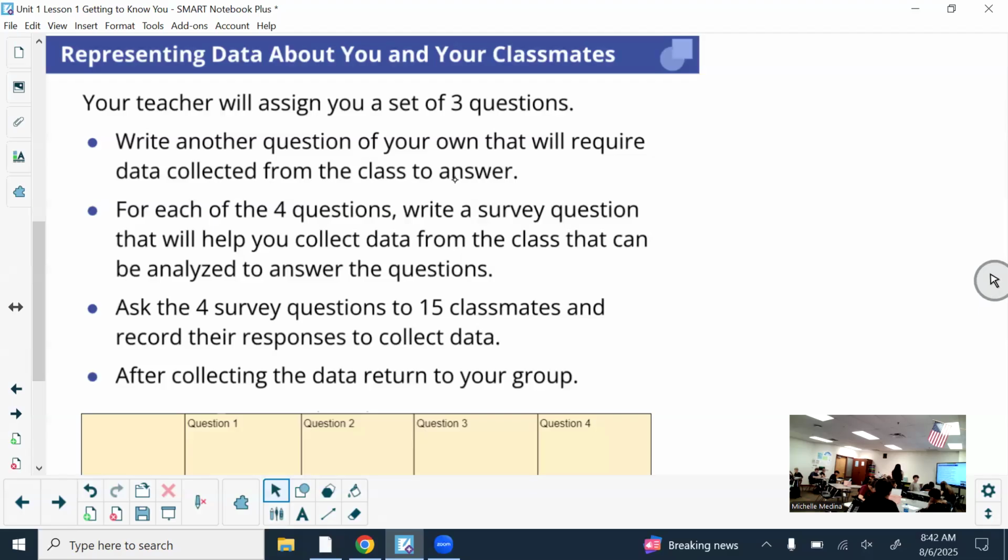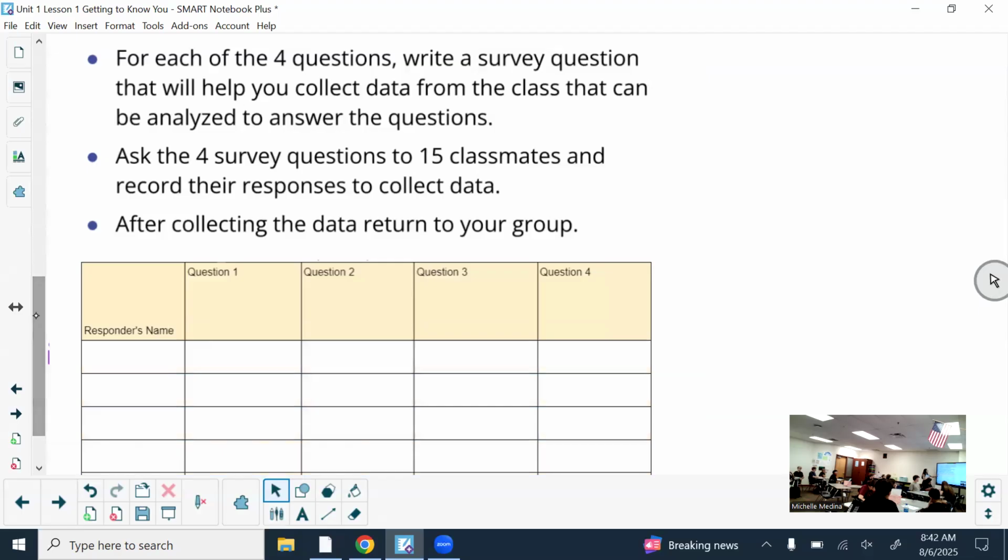On your paper, you have a table that looks like this. You have a little bit of room, not a whole lot, to write down your survey question. So if I was that table, and don't write it down unless your question one is also about how long did it take students to get to school this morning, for that question, I would put, how long did it take you to get to school?